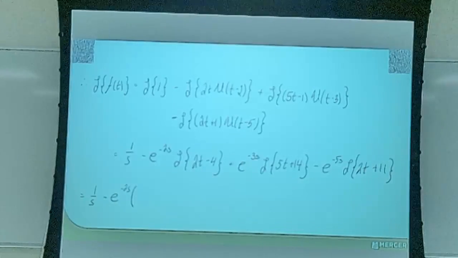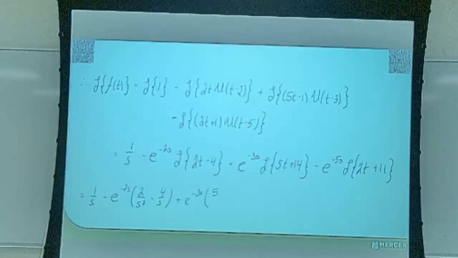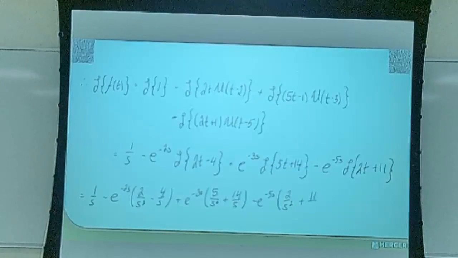All right, transform 2t minus 4: 2 over s squared minus 4 over s. Plus e to the negative 3s, 5 over s squared plus 14 over s. And then 2 over s squared plus 11 over s. There's the transform.